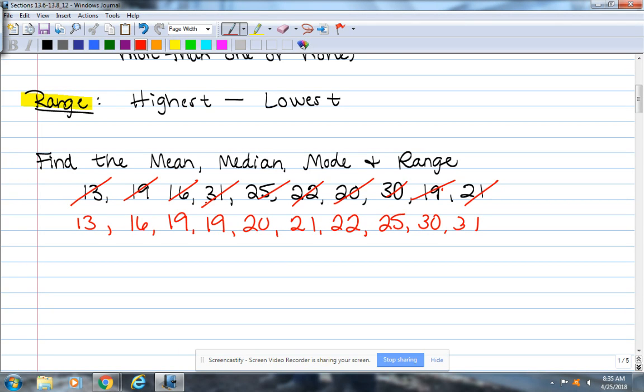All right. So how many do we have? How many are there? There's 10 total, okay? So if I'm finding the mean, how do I do that? I'm going to add them up and divide by 10. So y'all add with me and we'll see if we get the same number.